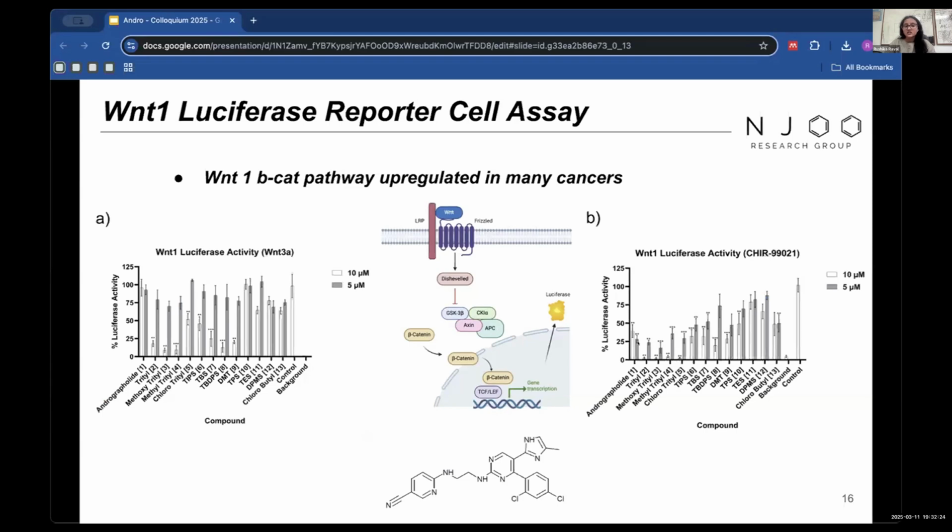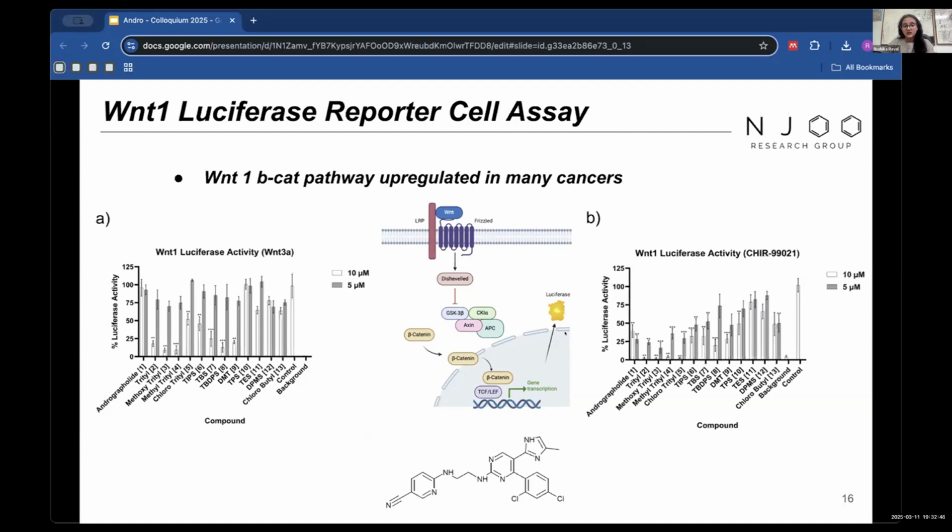And so we activated this pathway using Wnt3A and then dosed our compounds at 10 and 5 micromolar. After treatment for about 24 hours, after the addition of a lysis luciferin substrate solution, we were able to view these results on a luminescence plate reader.